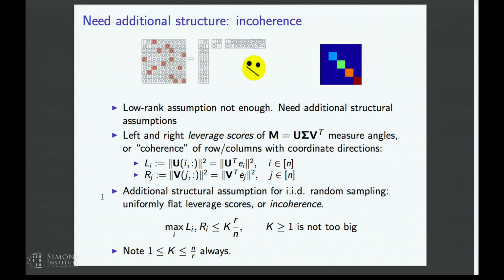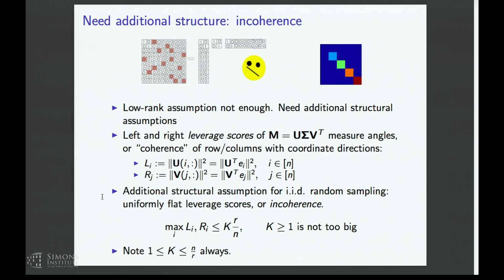What we mean by incoherent is this: if we look at the matrix M and its skinny SVD decomposition, and we look at the left and right leverage scores, these are n left leverage scores and n right leverage scores. The ith left leverage score is just the angle between the left singular subspace associated to M and the ith canonical direction.